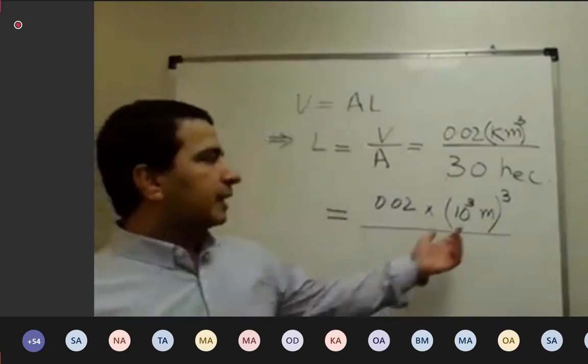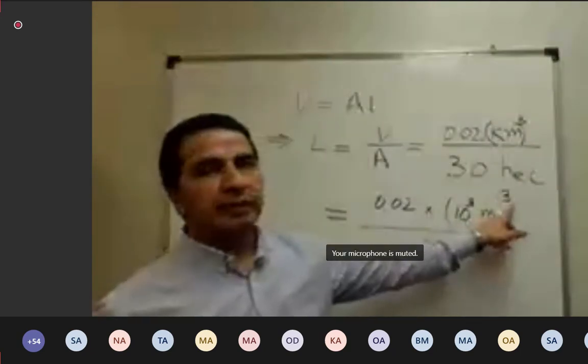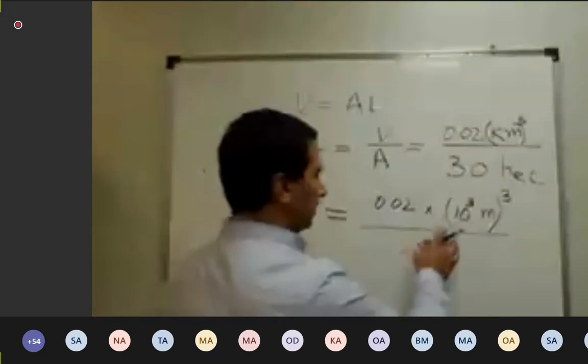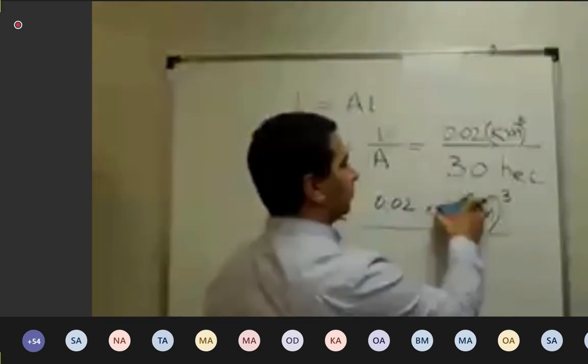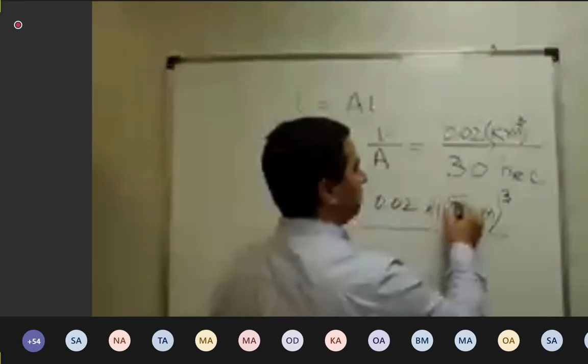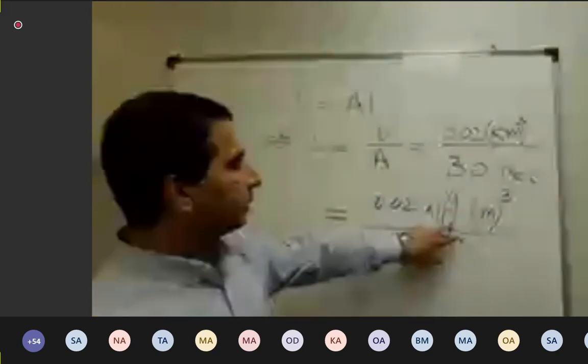So when it comes out of the parentheses, this 3 should be multiplied with this 3, and in total we are getting 9. So it will be this quantity times 10 to the power 9, and this will be left with the meter cube.